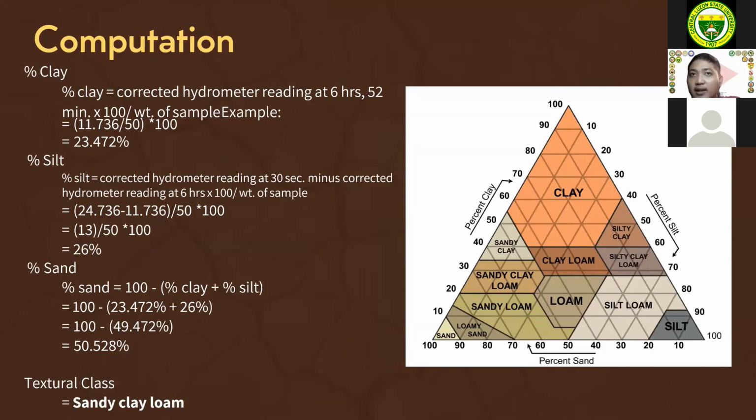So pag na-correct na natin yun, meron tayong dalawang corrected hydrometer reading, which is commonly after 6 hours and after 30 seconds. So yung after 30 seconds na reading ay gagamitin natin sa pag-compute ng percent clay, silt, at sand. Okay? So the percent clay is equal to the corrected hydrometer reading at 6 hours.